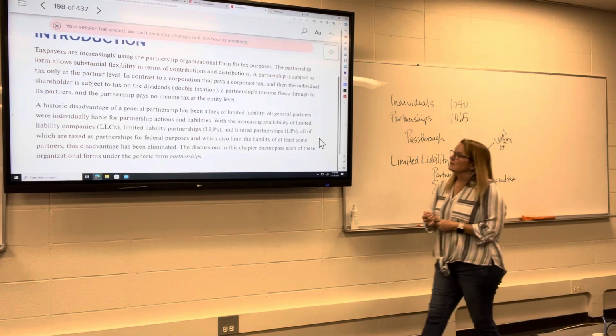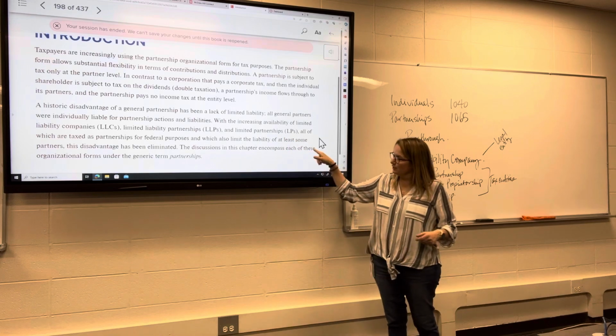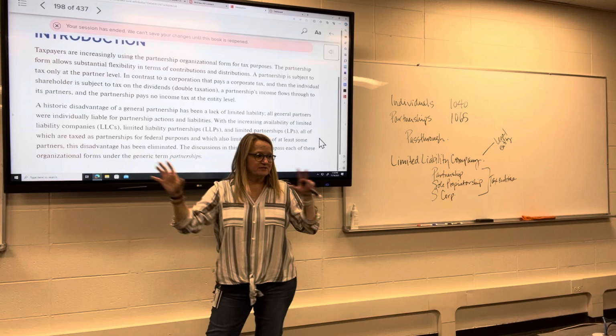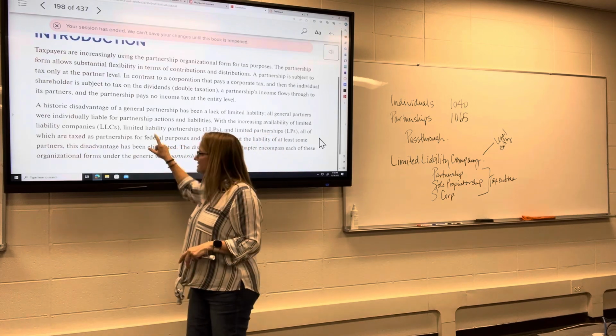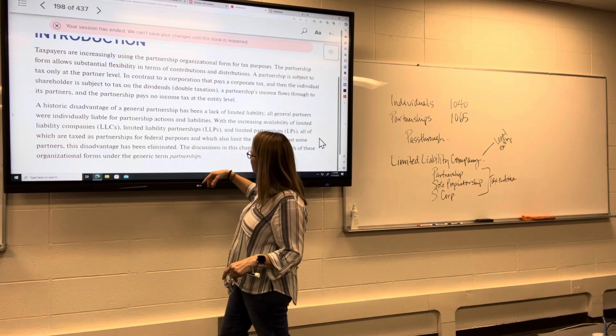You'll see they also talk about LPs. These different acronyms, it just depends on the state. Different states have different names for these. I think actually Iowa has, I don't know if they're LPs or LLPs.